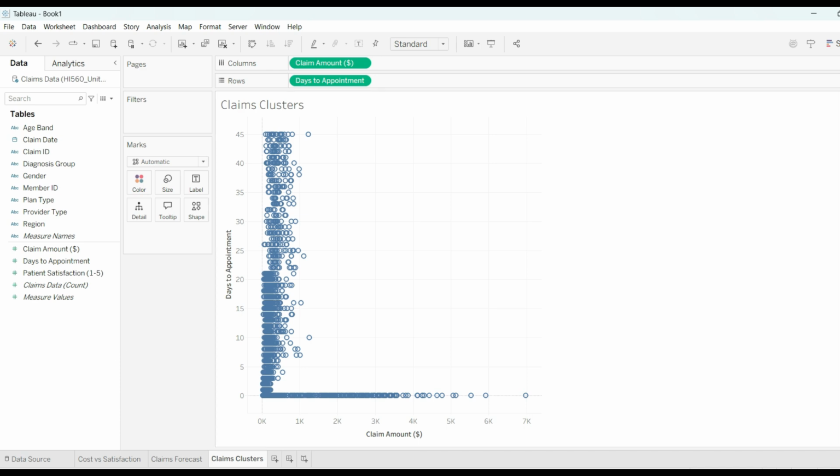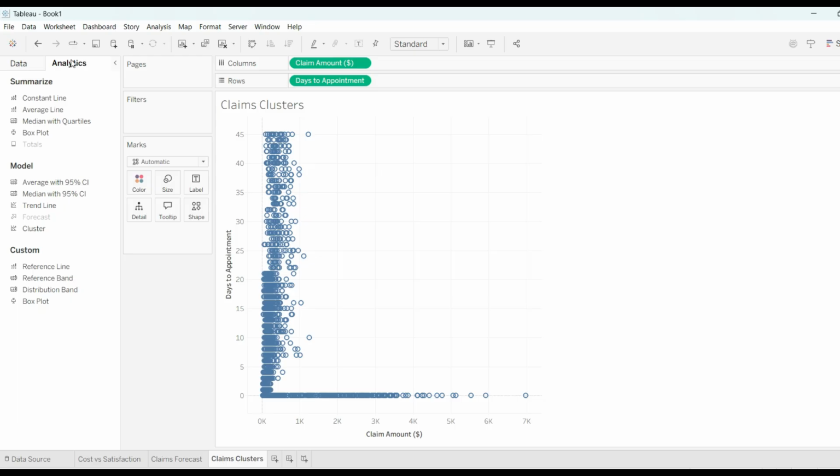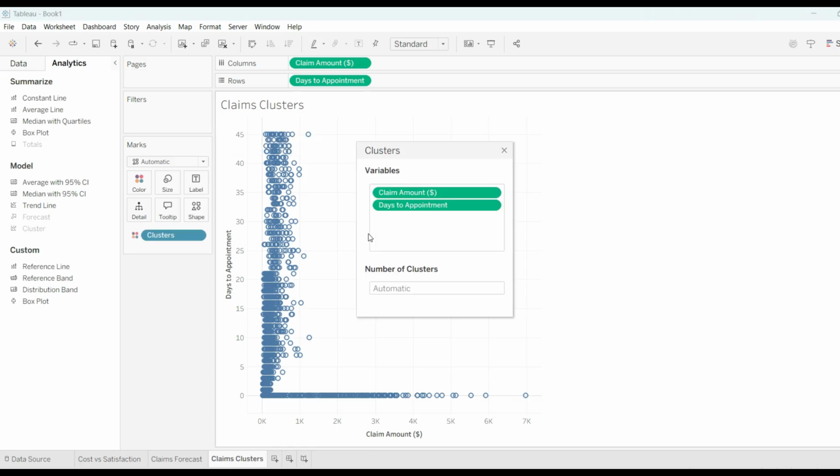All right, so we're going to go back to this analytics tab. Again, something we did not do in our class. So look this up. So I'm going to drag cluster onto my scatter plot right here. Tableau automatically picks the number of clusters.